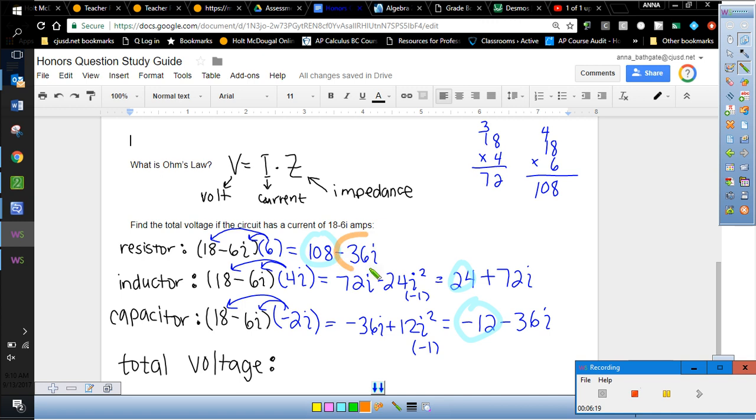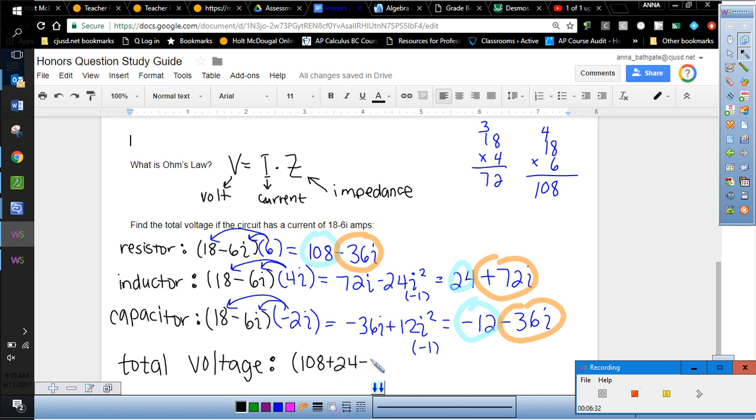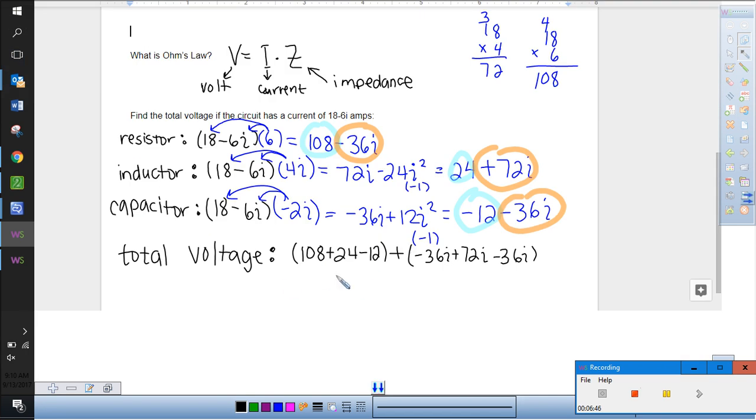Separately, you add the imaginary parts: negative 36i plus 72i minus 36i. So the real parts give me 120, and the imaginary parts give me 0i. So my total voltage is 120 volts.